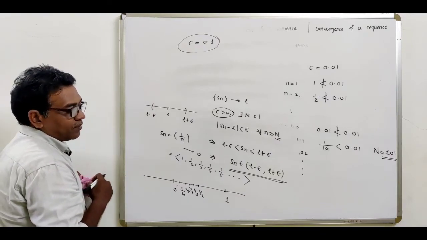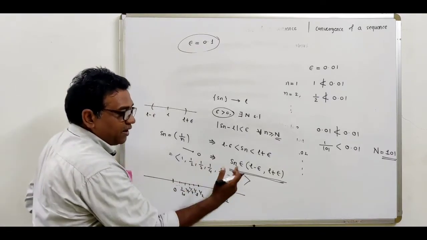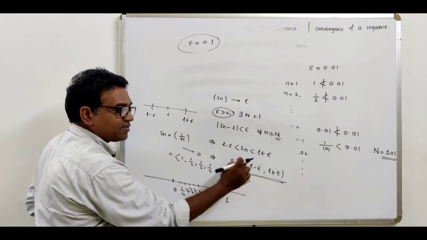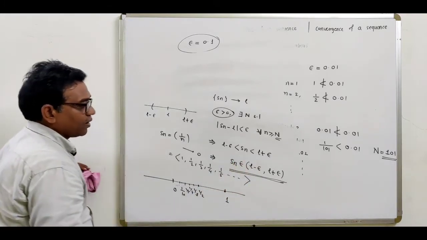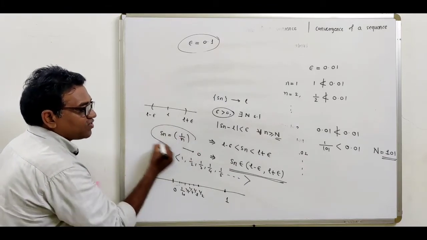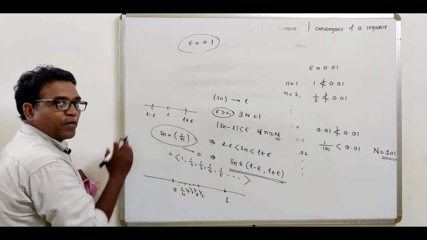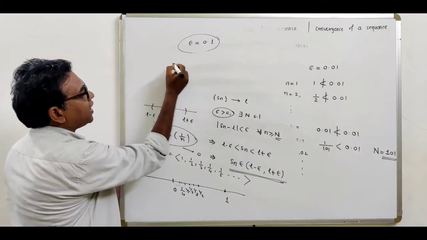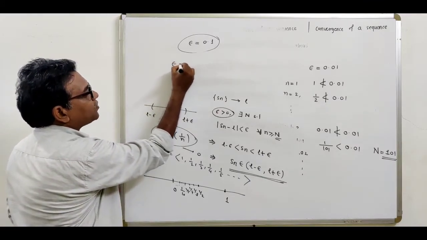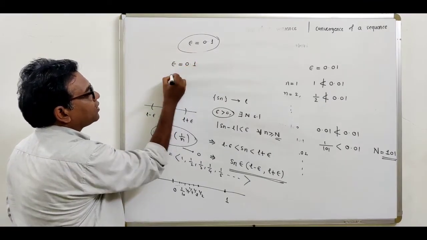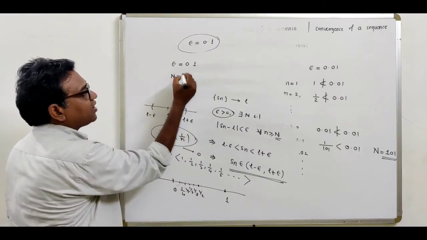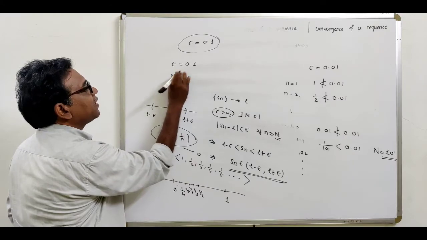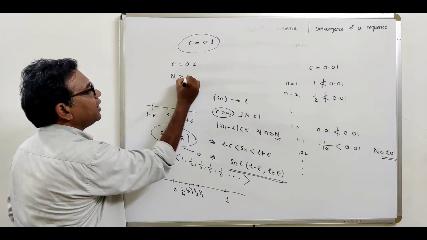Now see, what is the meaning of Sn belongs to this neighborhood L minus epsilon to L plus epsilon? Now suppose we consider the sequence Sn equal to 1 upon n, and just now we have seen that if we take suppose epsilon equal to 0.1, then what is our natural number? This N is greater than or equal to 11 suppose.